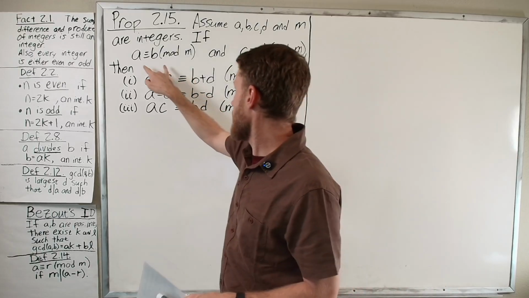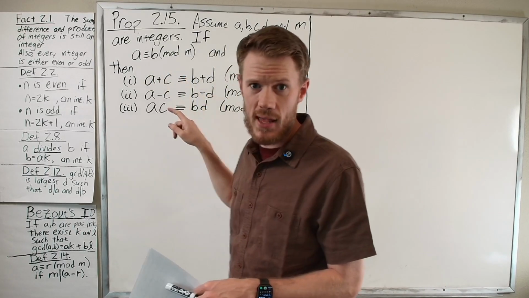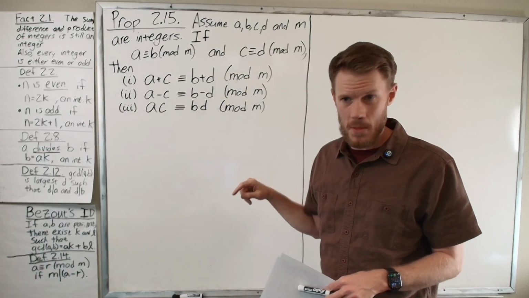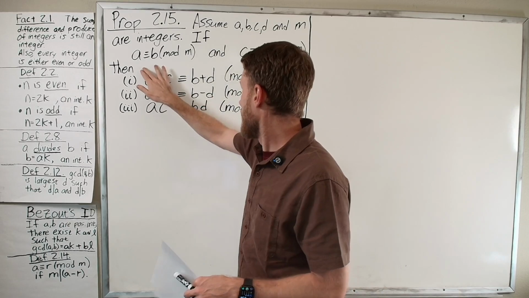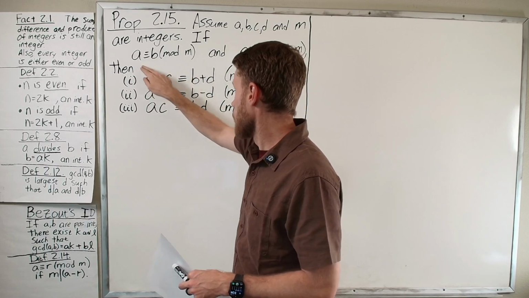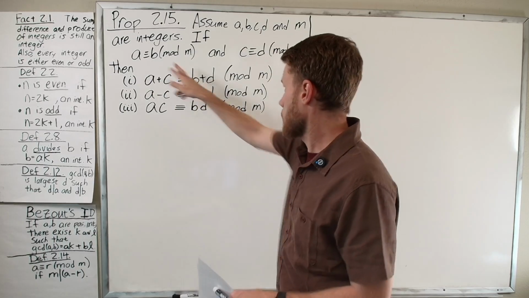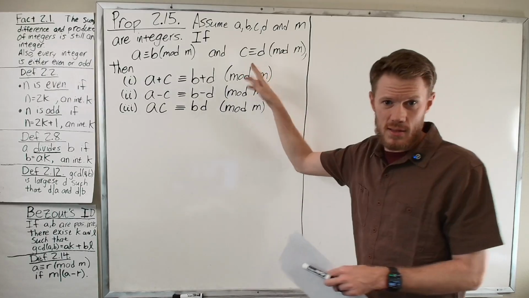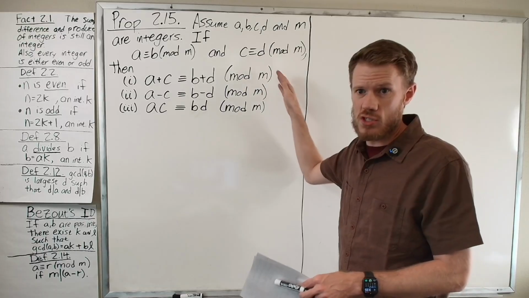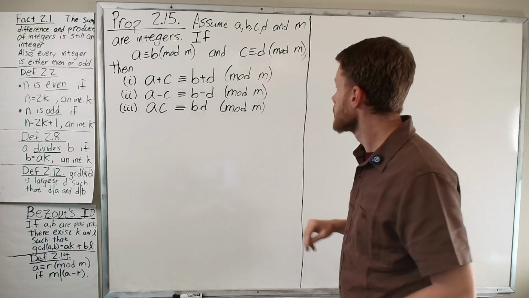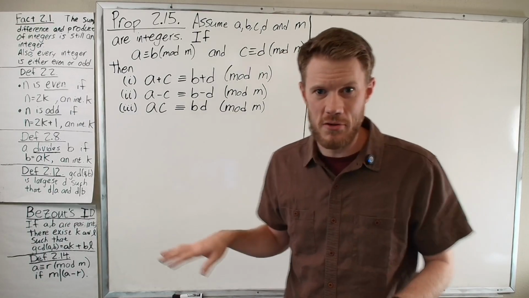And we're assuming that A is congruent to B, mod M, and C is congruent to D, mod M. Okay, so if you took A, you can add M or subtract M a number of times and you would arrive at B. Likewise, going from B to A. Likewise, starting at C, you could add M a bunch of times to arrive at D, or perhaps subtract M a bunch of times and arrive at D. Conversely, you could do the remainder thing.